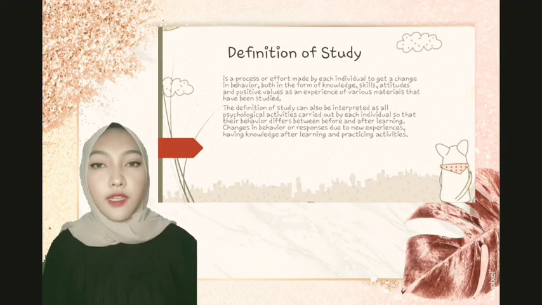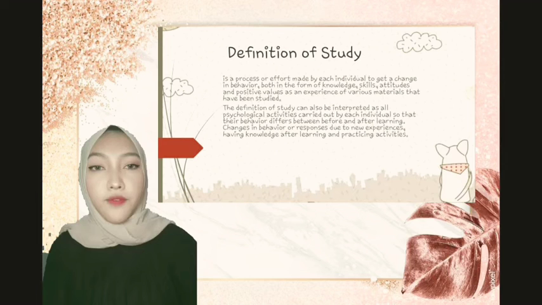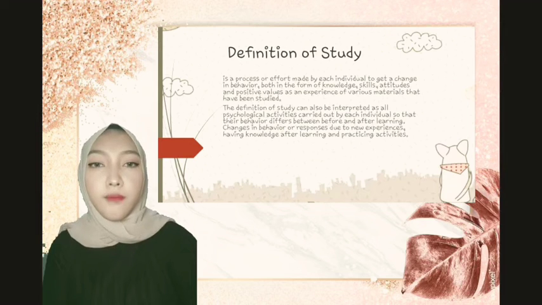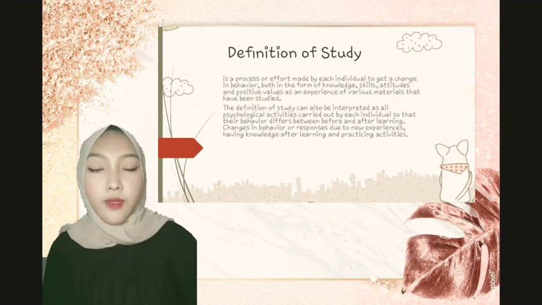Definition: study is a process or effort made by each individual to get a change in behavior, both in the form of knowledge, skill, attitude, and positive value as an experience of various material that have been studied.